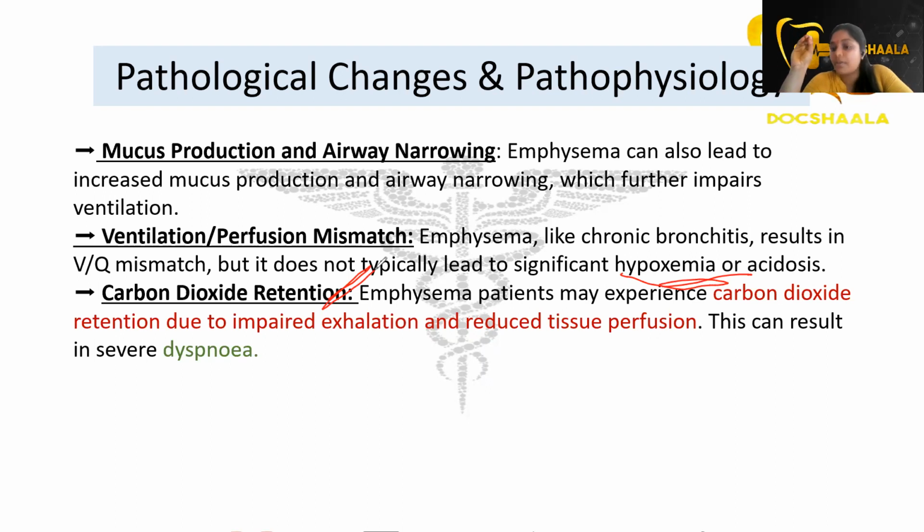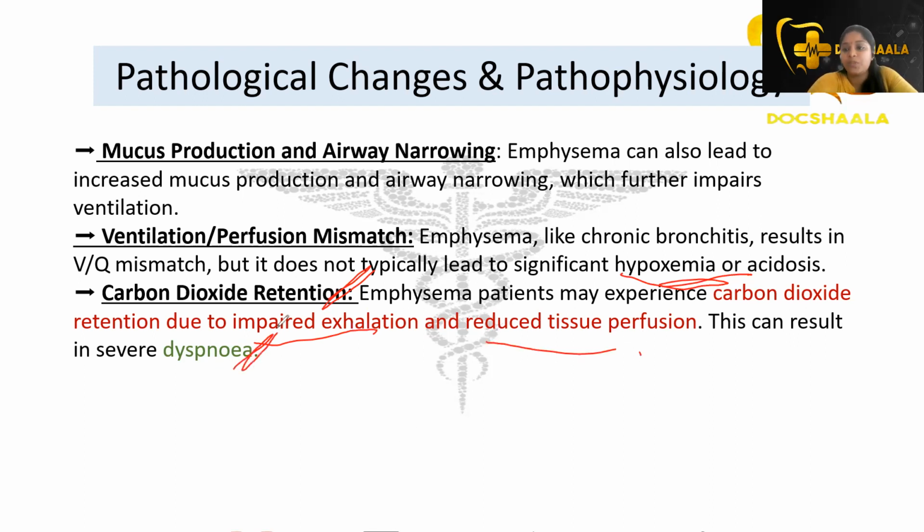There is not sufficient space for carbon dioxide and oxygen exchange in the lungs. Hence, carbon dioxide is retained in the tissues because of impaired exhalation. Inhalation is there, but the patient is not able to exhale, and tissue perfusion is reduced.